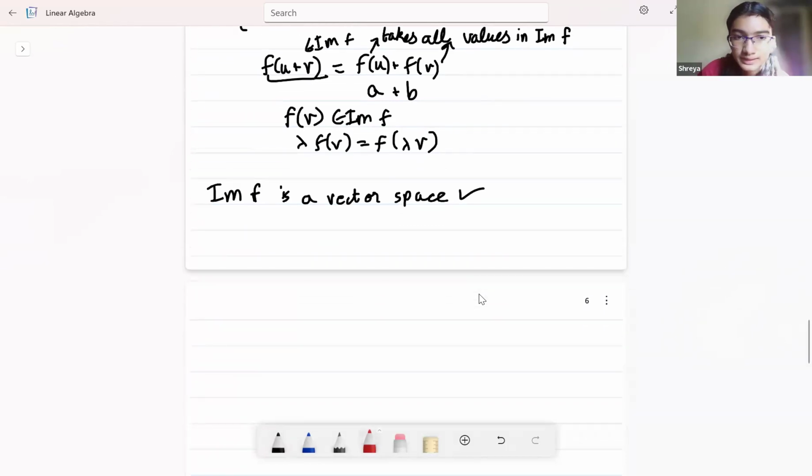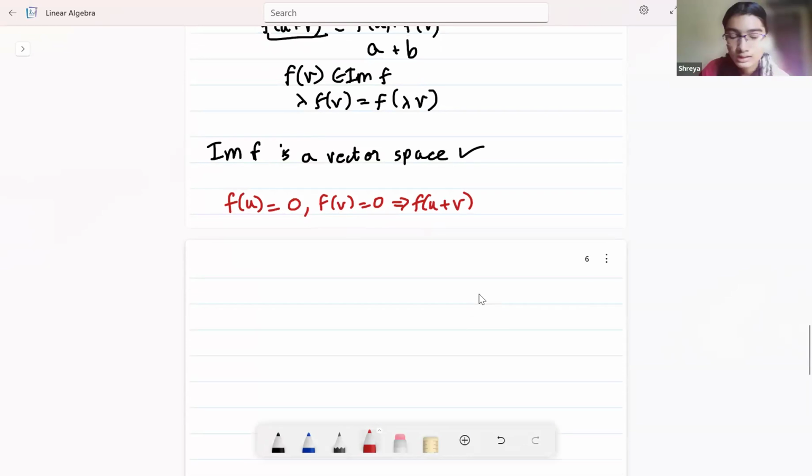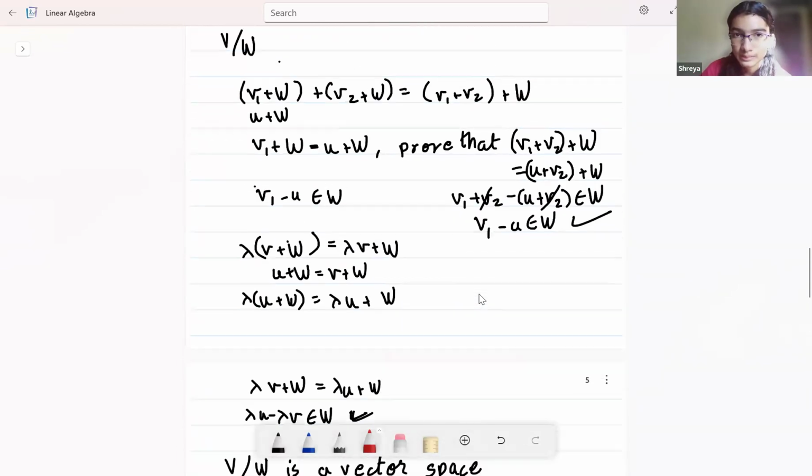Okay, now what do we do for the kernel? We need to say that f of u plus v is also equal to 0. But that just follows from the fact that f is a linear map. A homomorphism is also called a linear map.